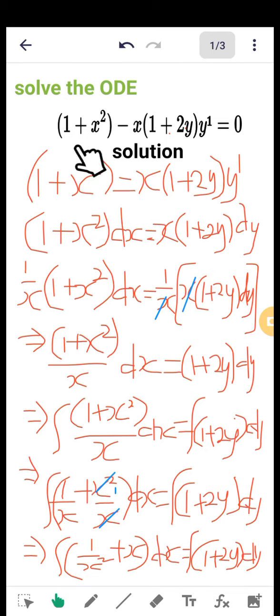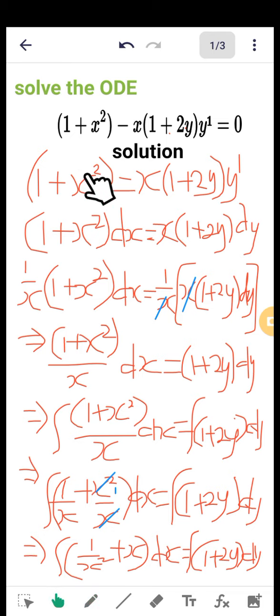A differential equation is any equation with an unknown function and its derivative. Okay, so quickly, this is one example of a separable differential equation, so we can use the method of separation to solve it.